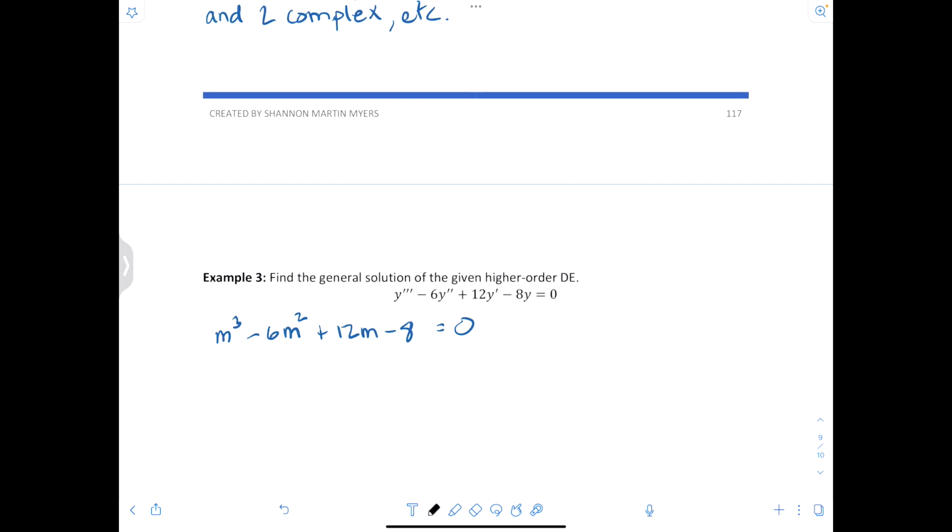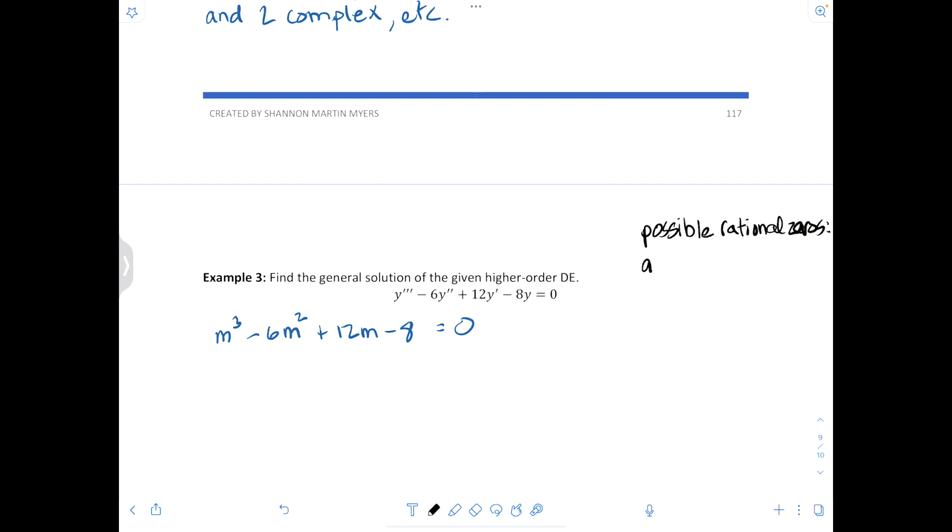I thought for fun, you could see why in the world you even learned about possible rational zeros in your pre-calc class. If you want to fast forward through this, you can. But possible rational zeros are found by looking at your leading term and your constant term.